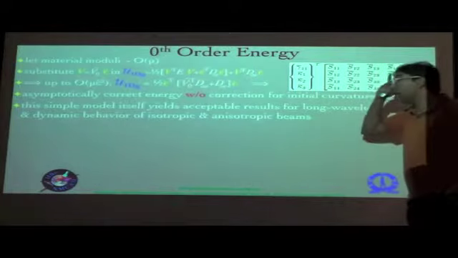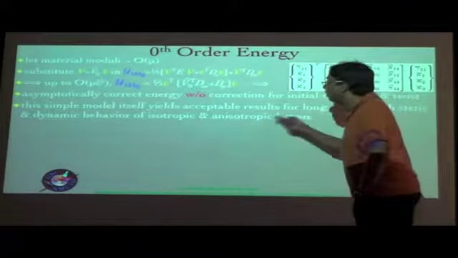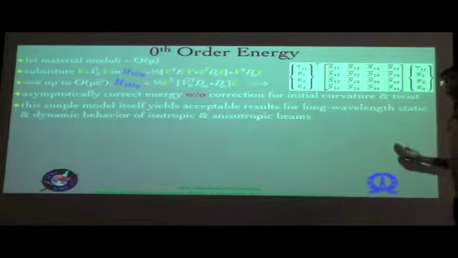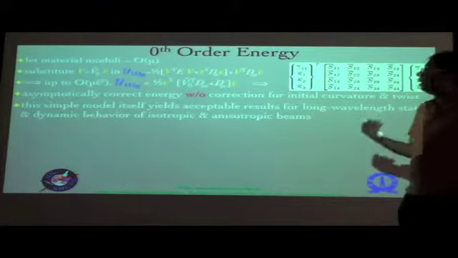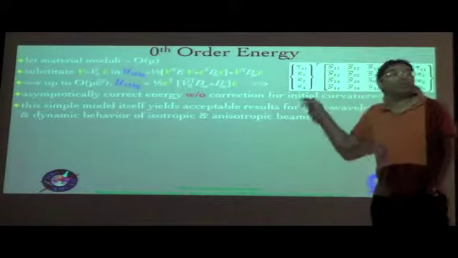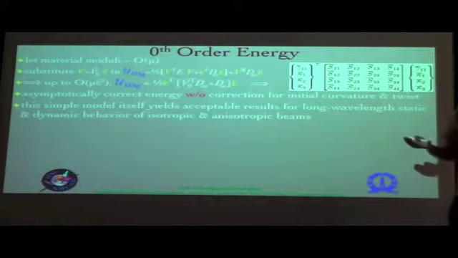So this simple model yields acceptable results, but for a specific category of problems: long wavelength, static and dynamic behavior of isotropic and anisotropic beams. In other words, A by L and A by R are indeed small parameters, very small. In such situations, this alone can give very accurate results.